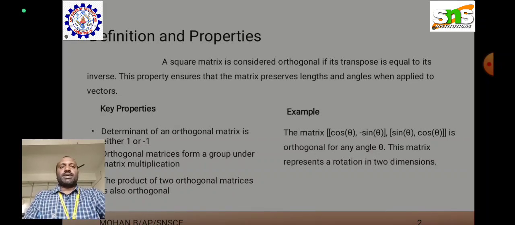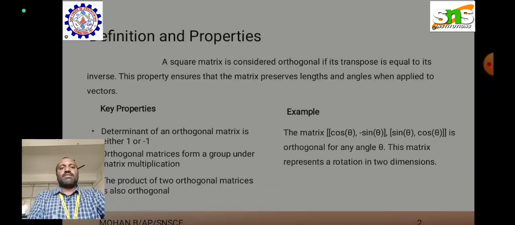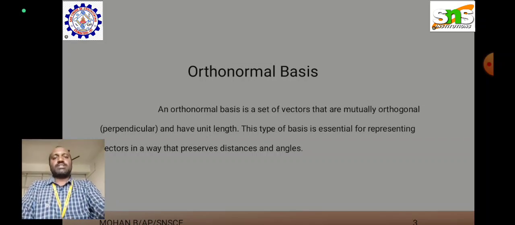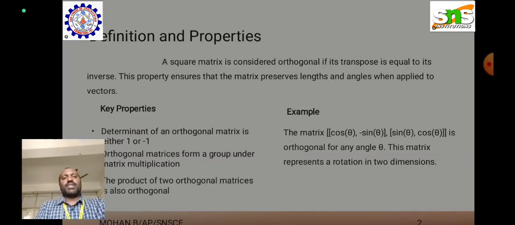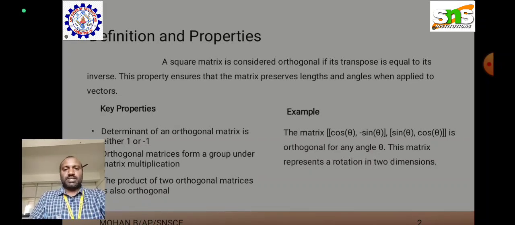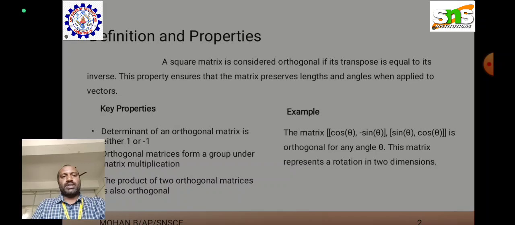Orthogonal matrices preserve length and angles when applied to vectors. Orthogonal matrices form a group under matrix multiplication, which is very important. The product of two orthogonal matrices is also orthogonal. That is a very important thing.